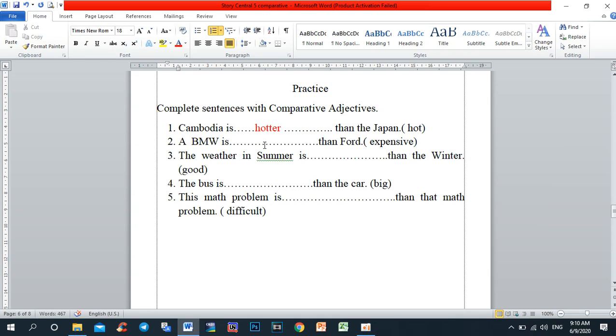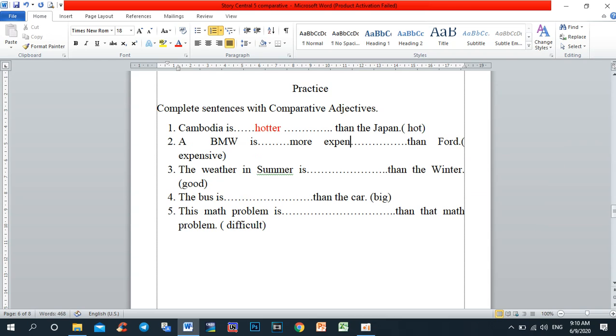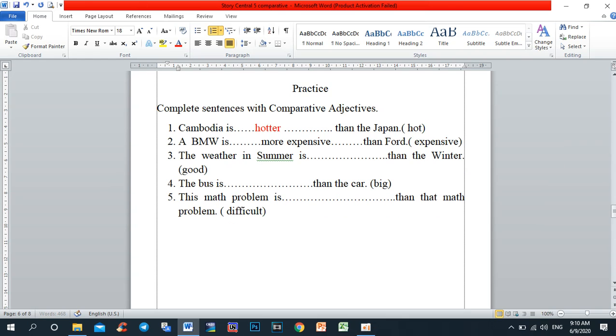Okay, and number two, a BMW is expensive. So this one is three syllables. So it is more expensive. A BMW is more expensive than a Ford.